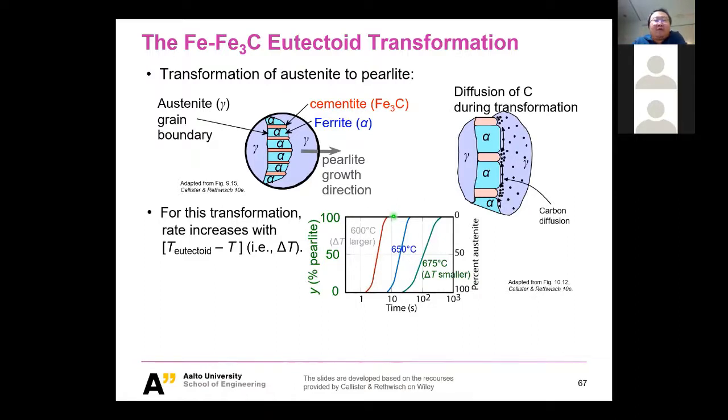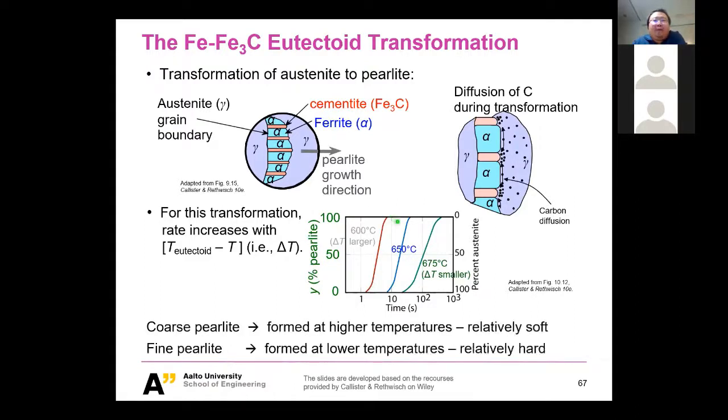That's the huge difference. Yeah, but the consequence is when you have delta T large, you of course get some very fine pearlite. Yeah, because of the reasons I have given you, you have rather many nuclei, and that will lead to very small grains.